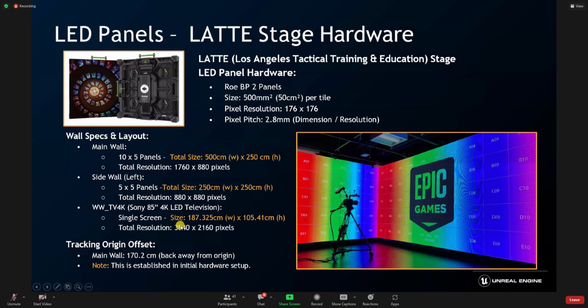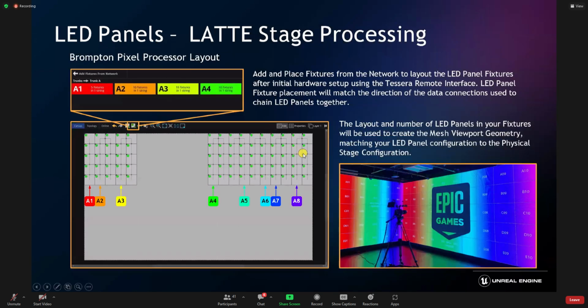The Latte stage was something that you saw earlier, which has a wide wall and a square wall. And actually there's something called a wild wall, which is something that is just movable. It's on wheels. And the mapping for this is done.